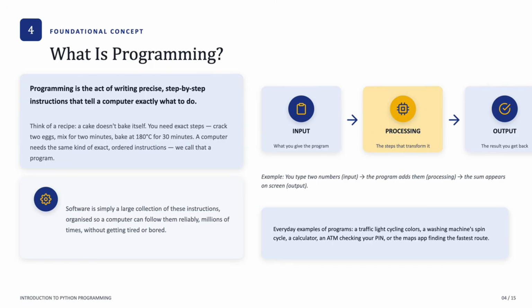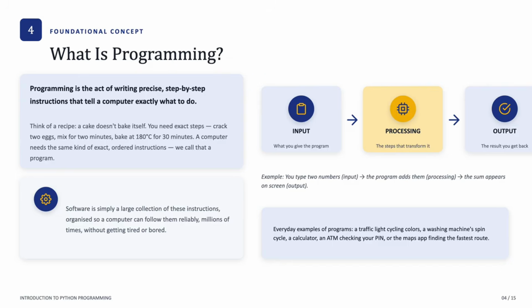Now let's relate this to real-world software. Think about Instagram. When you upload a photo, the app automatically compresses the image, stores it on a server, shows it to your followers, sends notifications, updates your profile. All of these are instructions written by programmers.